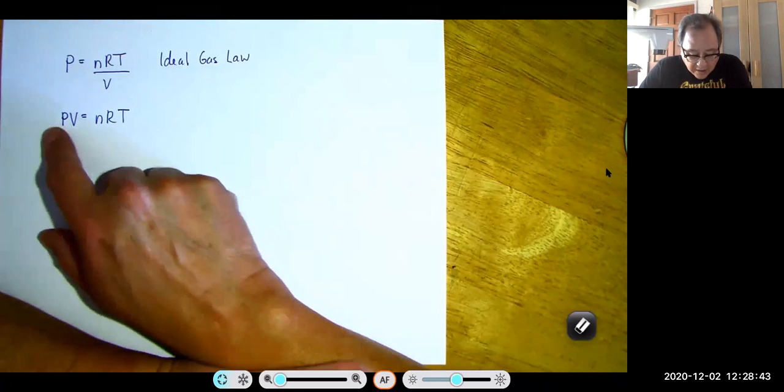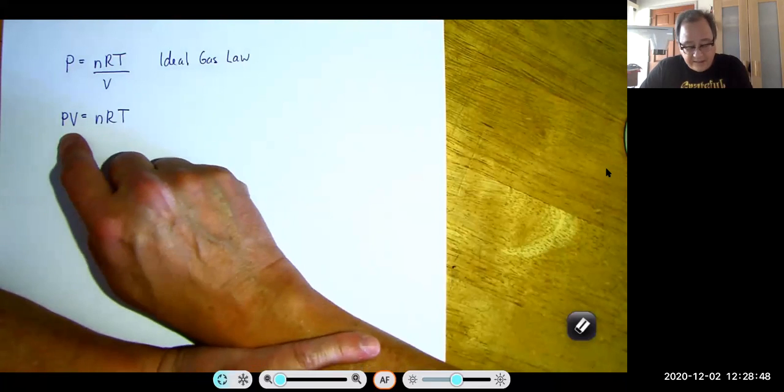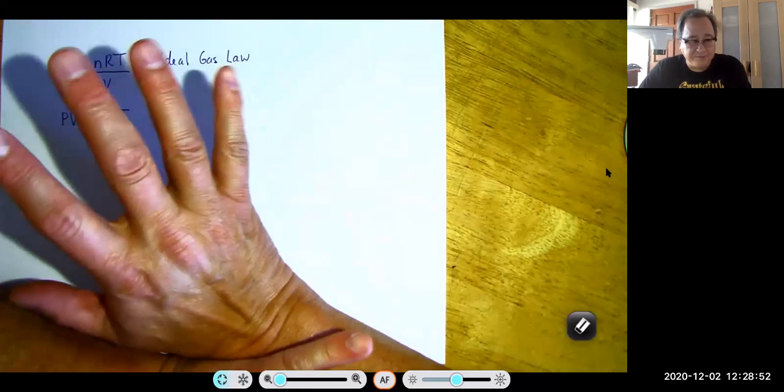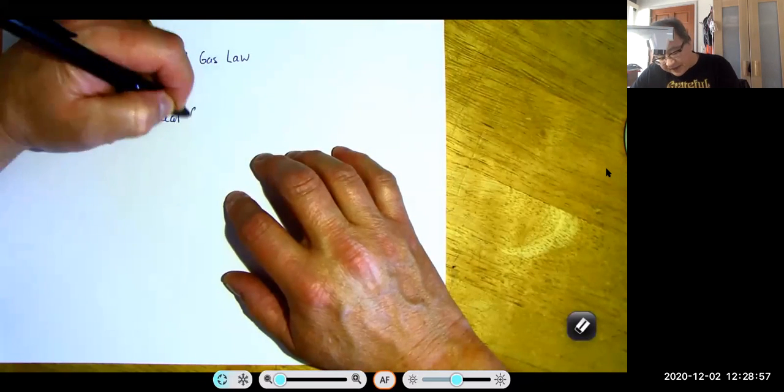On each side of the equation, it's written in alphabetical order: P, then V, N, then R, then T. And this is the ideal gas law. It's something you should memorize.